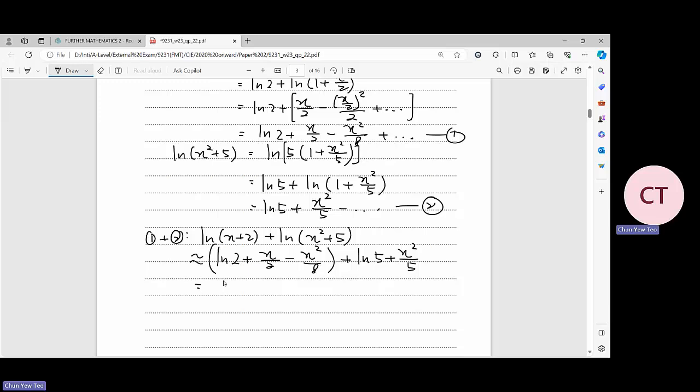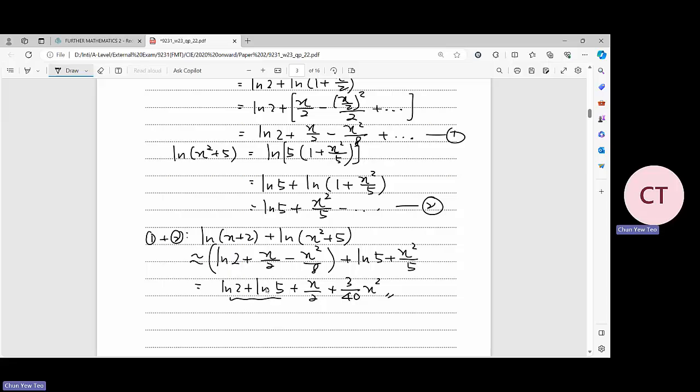Expand and simplify it, you get ln 2 + ln 5 + x/2 minus, for this one just use your calculator, these two join together, negative 1/8 plus 1/5. So you get positive 3/40 x².